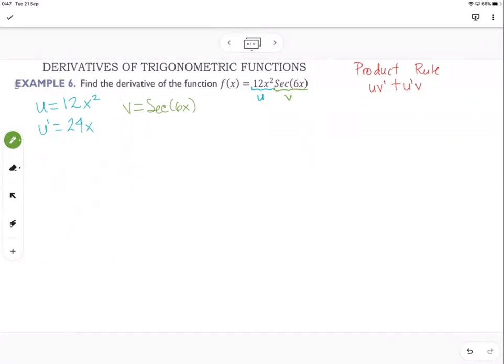Well, it's a trigonometric function, so we have to use the corresponding trigonometric rule. Okay? So the main rule here is the product rule, and inside the product rule, I will have to use the power rule for u and the secant rule for v. When we have the secant of an angle, the derivative is u prime secant times tangent, okay?